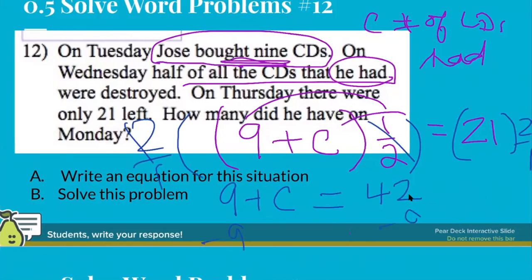Subtract 9. This will give me, yes, I did not send the link, that's why. But for some reason, some of you got the link. I'm not sure how you got the link, okay? But I have not posted that yet. So 42 minus 9 gives you 33. So he started with 33 CDs. So solving the equation with a fraction is harder, but that's okay.